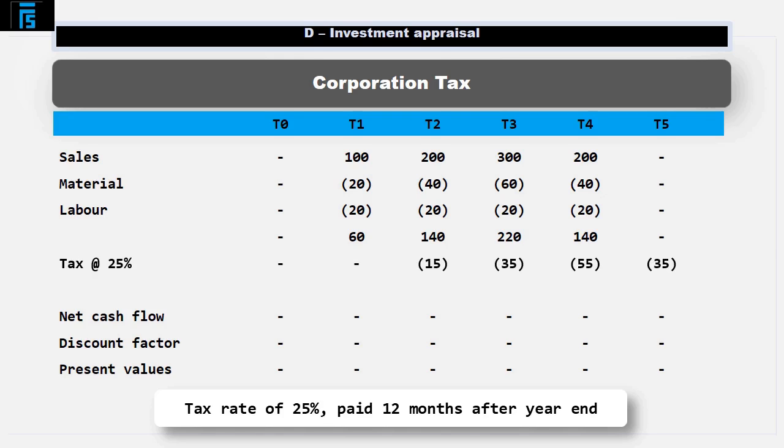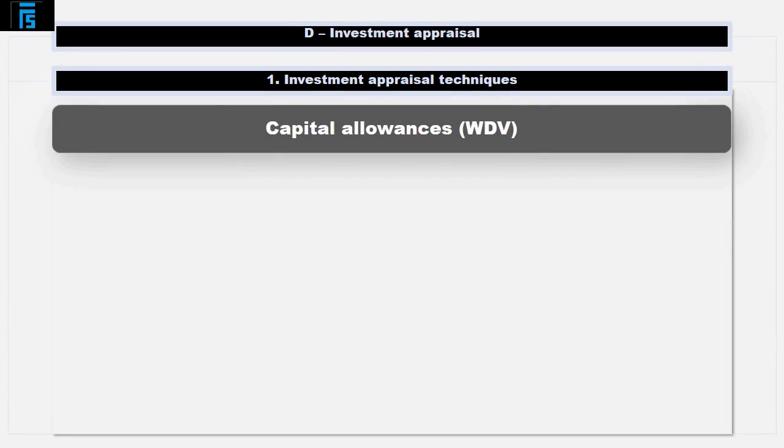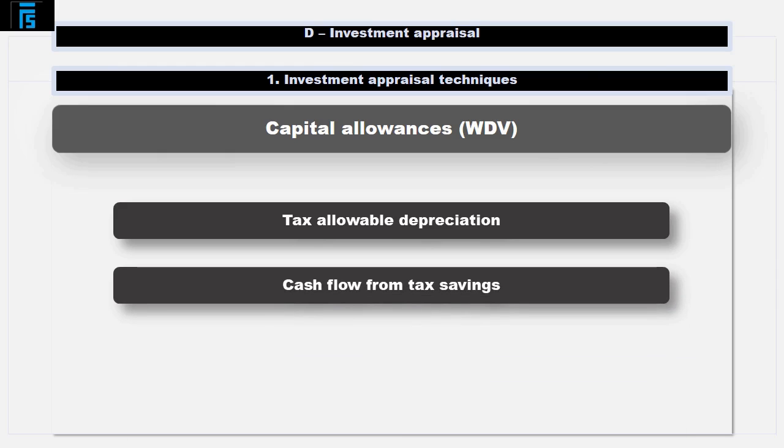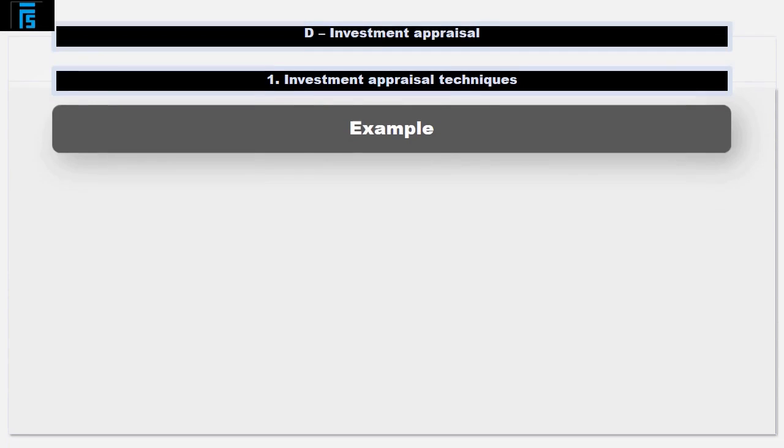as follows. Writing down allowances, or capital allowances, is tax allowable depreciation. The capital allowance itself is not a cash flow. The cash flow is the saving in tax we benefit from as a result of having it. Let's work through an example together.